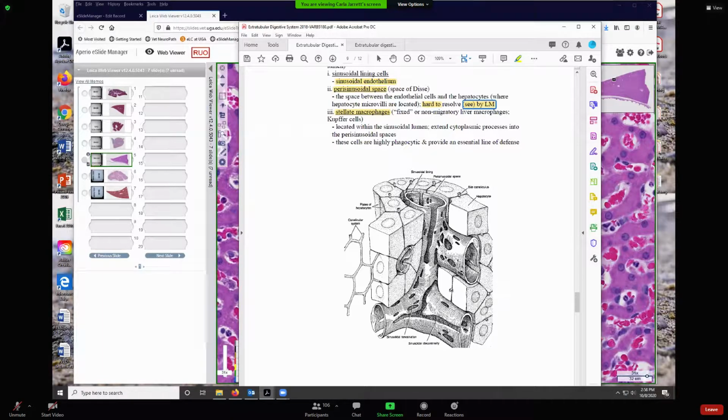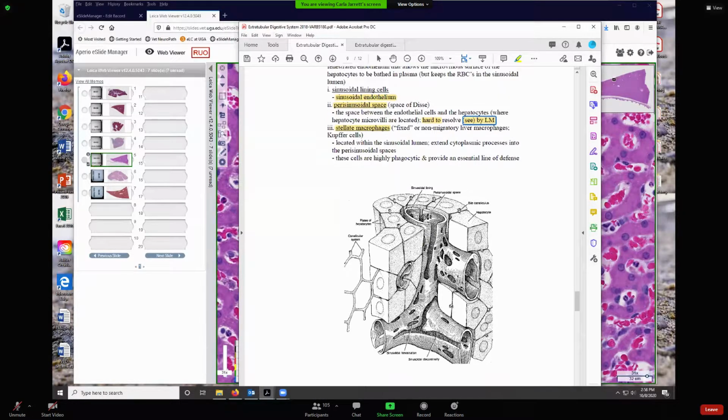But that little gap between the sinusoidal endothelium and the hepatocytes, that's where the microvillous surface of the hepatocytes is, and we won't see that either. These sinusoids are going to have a discontinuous endothelium to let that blood plasma, but not the red blood cells, get through and bathe that microvillous surface of the hepatocytes so that they can do what they do to the plasma.